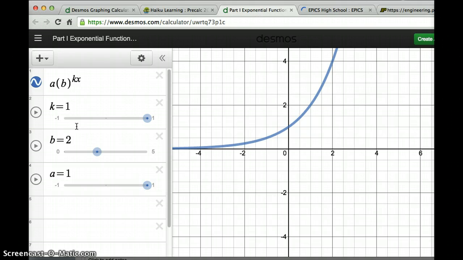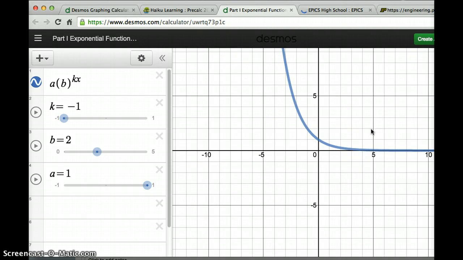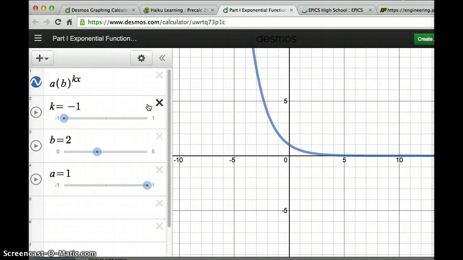And if I make k negative, which makes the exponent negative, it reflects over the y-axis. This might be more visible if I zoom out, though from reading your descriptions and explanations at the end of that activity, you did a really nice job of realizing this. But again, k is reflecting horizontally over the y-axis.